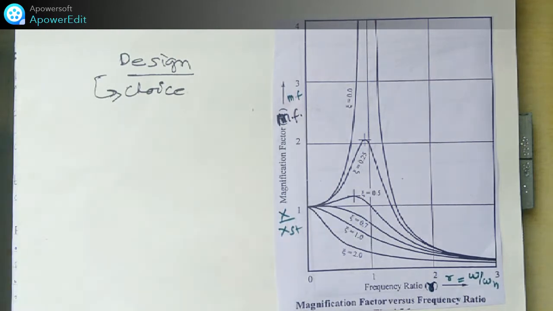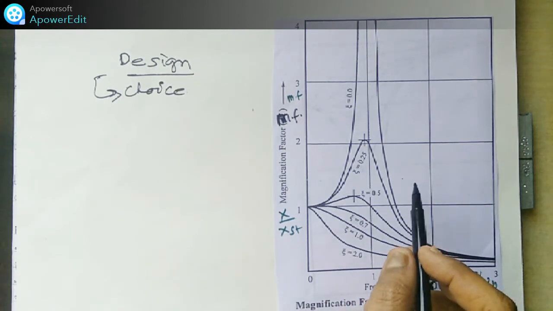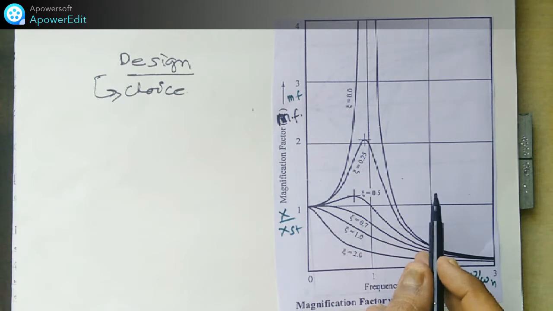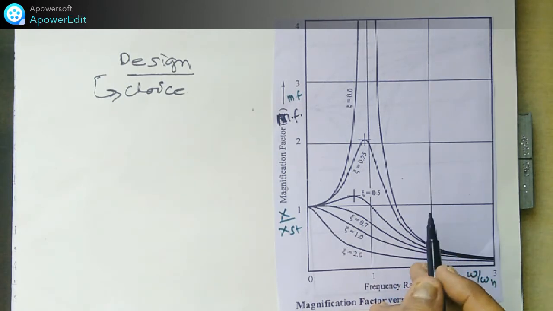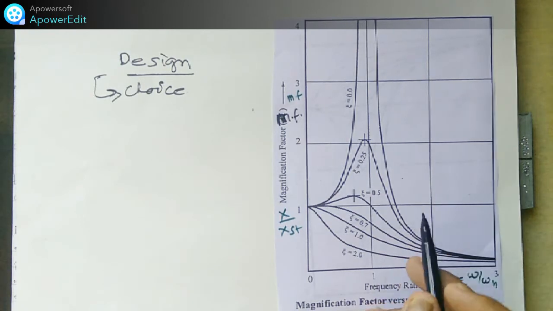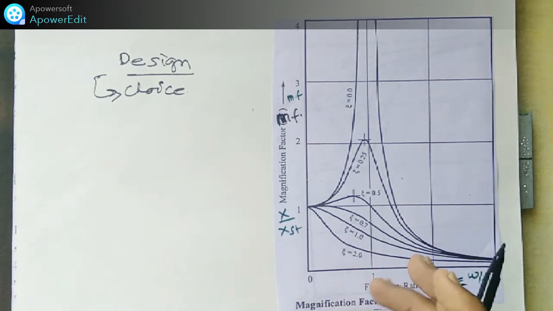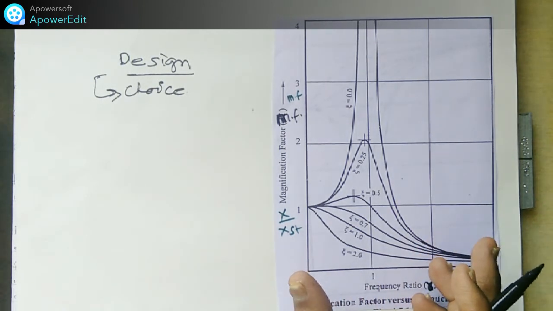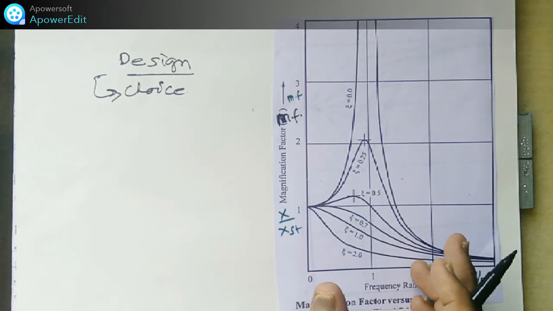Okay, friend, what is happening here? The first point is clear: we design a system of our choice based on the limits of the vibration response or the amplitude of the vibration. We can select our frequency range of interest in which my system is subjected to some force. In that frequency range, we decide what response we are expecting.